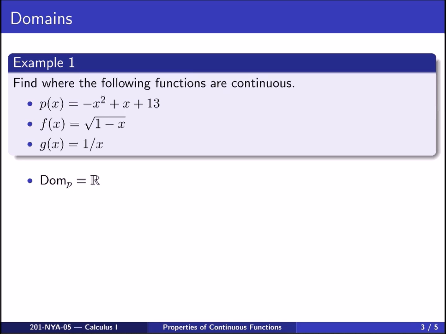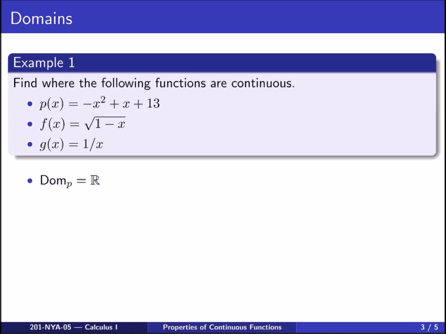Okay, so since f is the composition of two functions, the square root function and the function 1 minus x, those two functions are continuous on their domains. So all we have to do now to find where the composition of the square root function and the polynomial function 1 minus x is continuous is to find the domain of that function.